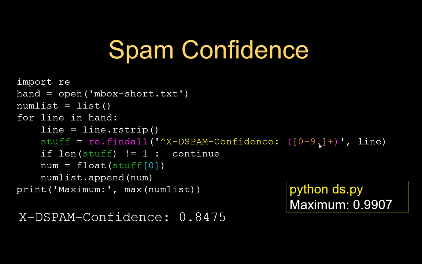I have to brush up on this part. I don't remember exactly what this means. I want to say 0-9 dot is, I want to say dot is actually the dot here that we have as the decimal character.